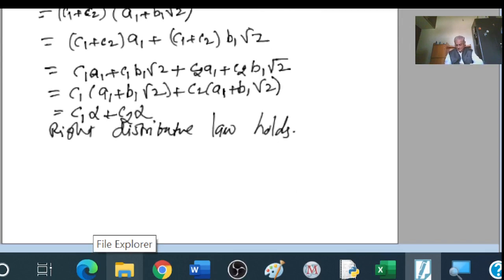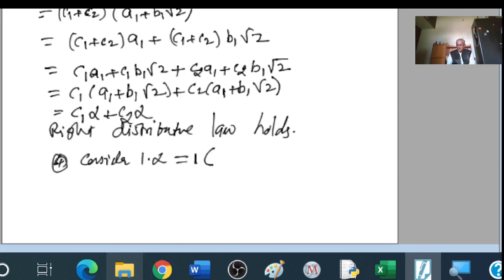And finally, a fourth one, 1 into alpha. Consider 1 into alpha. This is equal to 1 into, what is alpha? Alpha is A1 plus B1 into root 2.